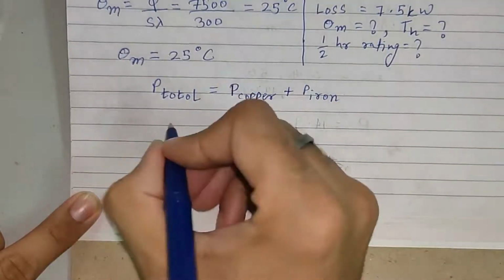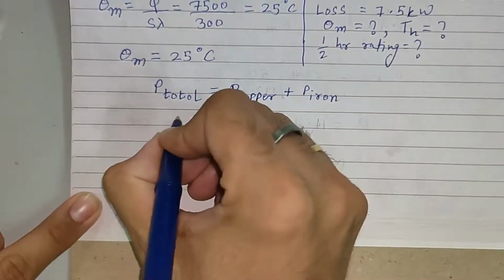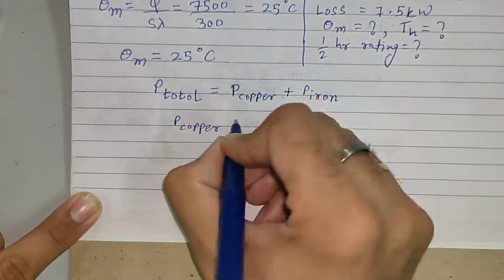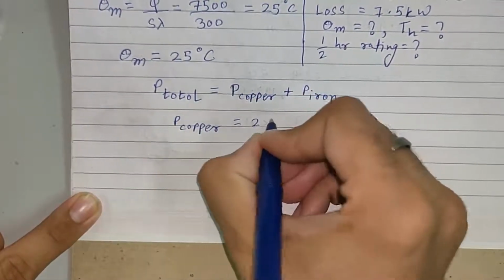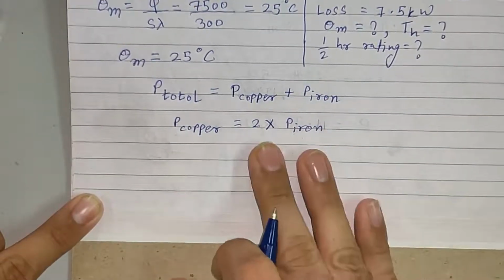Now we have seen that the copper losses are twice as iron losses, so I can write this mathematically as copper losses is twice of iron losses.